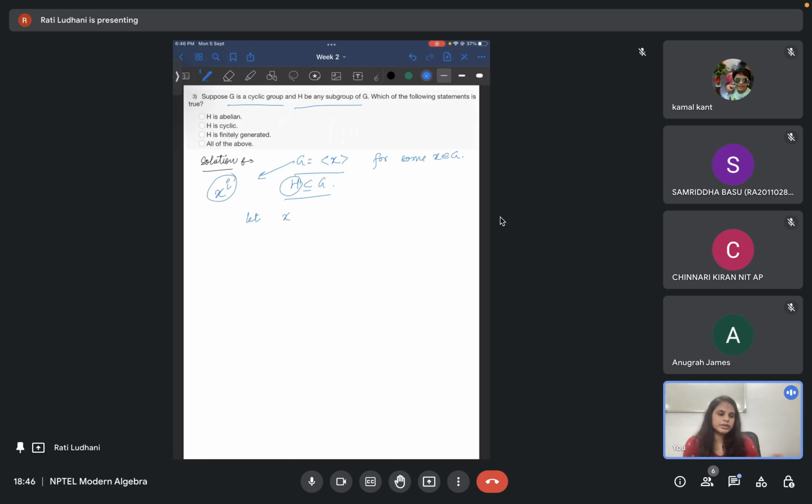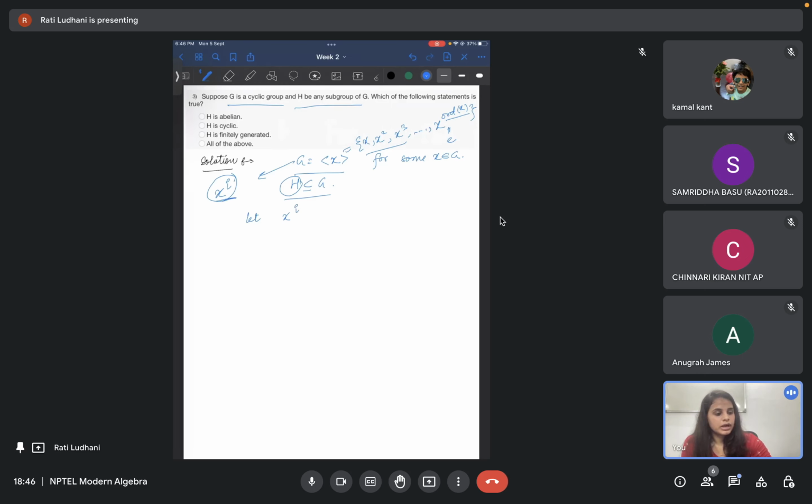Because G is generated by x, this means x square, x cube, it will go up to x raised to power order of x, which is just identity, right? So order of x is just a number, and we know that x raised to power m is equal to identity, if it is m, for example. So all the elements will look like x raised to power something. Again, since H is a subgroup of G, all the elements will look like some power of x.